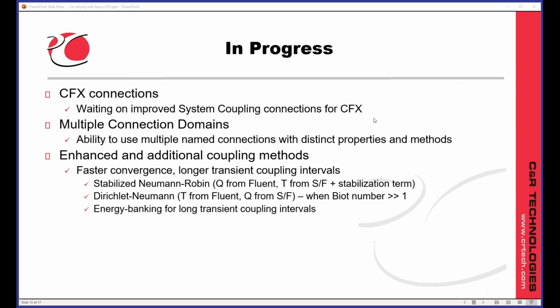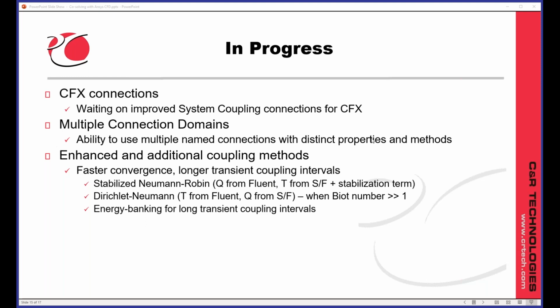I mentioned that we were using the convection coefficient reference temperature connection method because that's a nice, fast, safe way to go. But an alternative is to do a little bit more traditional, seemingly simple approach of flux on one side and temperature on the other side of the connection, which is great for energy conservation, but unfortunately isn't great for long time steps and fast, safe convergence.